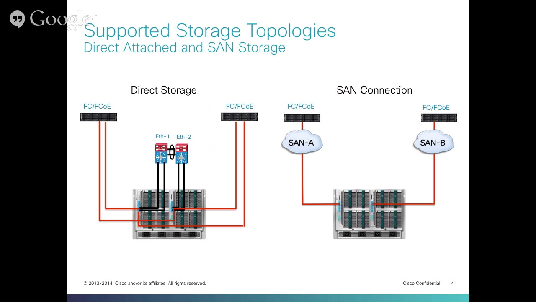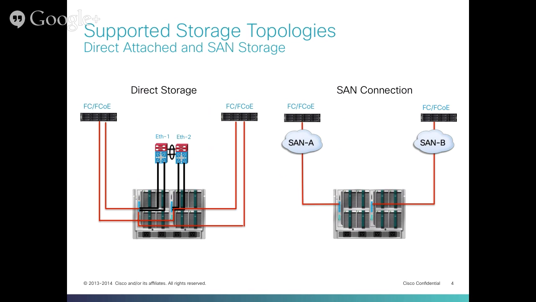So currently, when you do FC connection to a SAN network, you have to be in switch mode. We actually disabled changing into end-host mode from an FC perspective. So for FC you will do switch mode, which means you'll get the zoning from your SAN network.